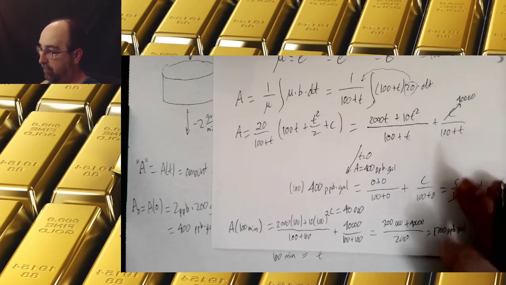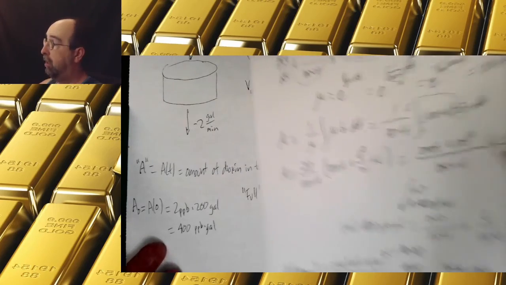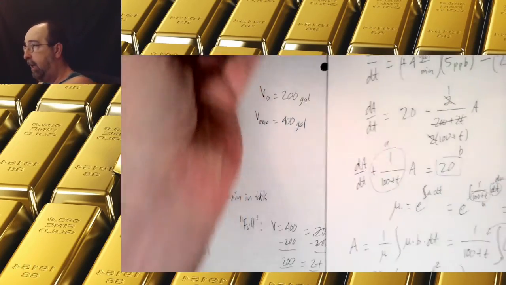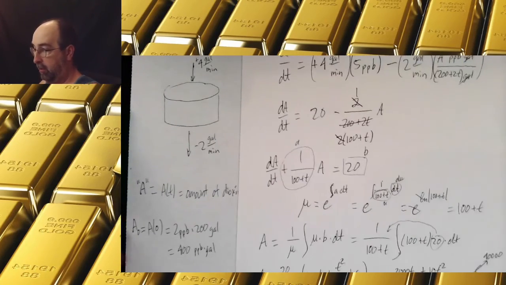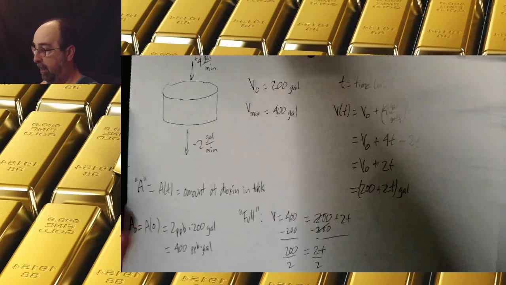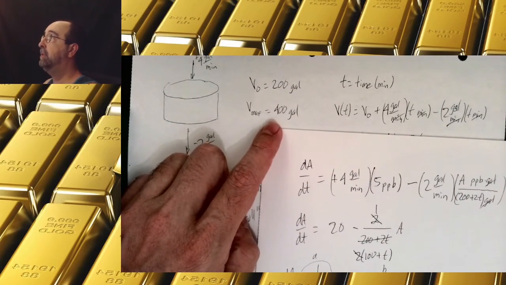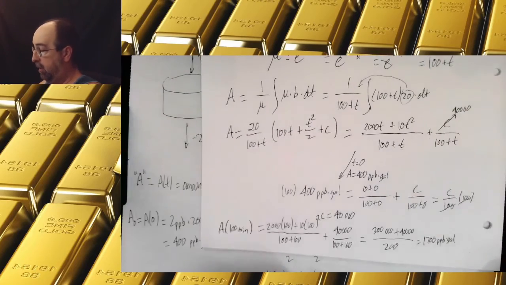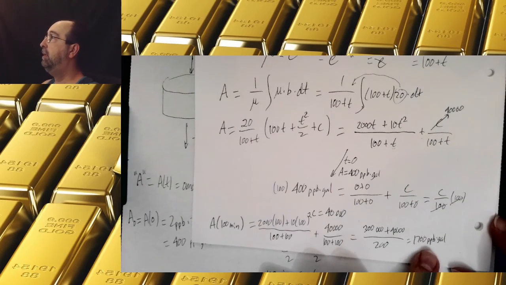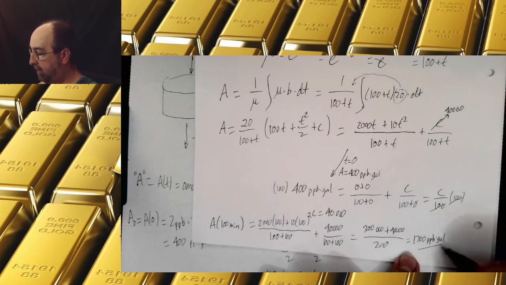But when the tank is full, I messed up. Okay. When the tank is full, there will be 400 gallons in the tank. So if I get 1,700 parts per billion gallons, and if I divide that by 400 gallons when it's full, I get parts per billion.